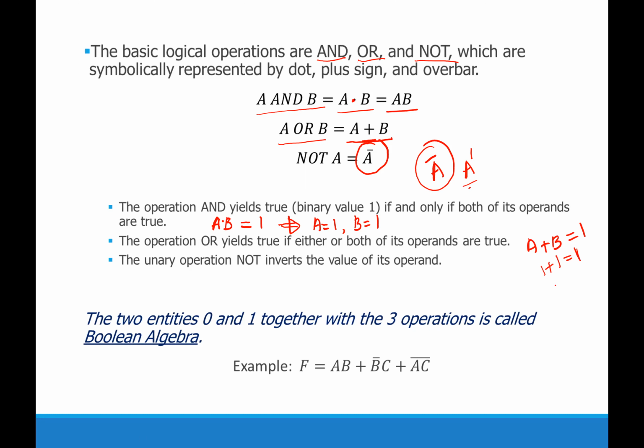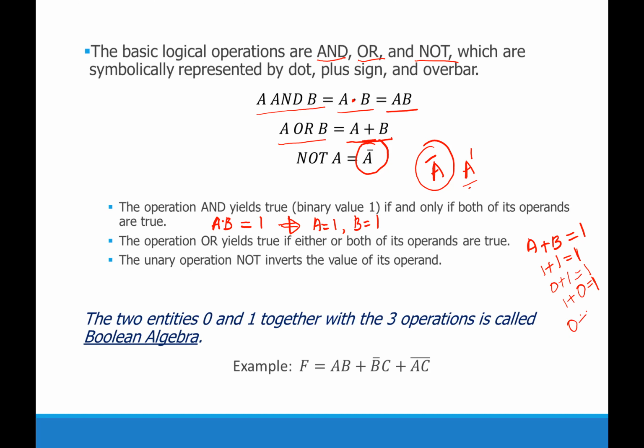Now what will happen? A is equal to 0, B is equal to 1. We will get 1. When A is equal to 1 and B is equal to 0, again 1. Good.